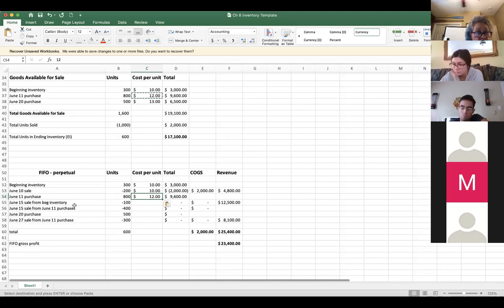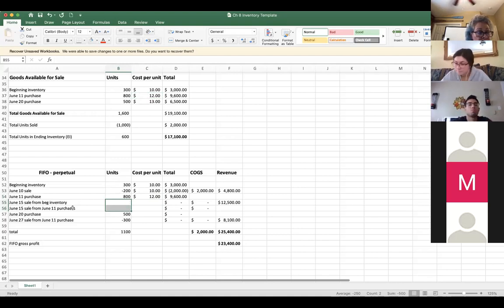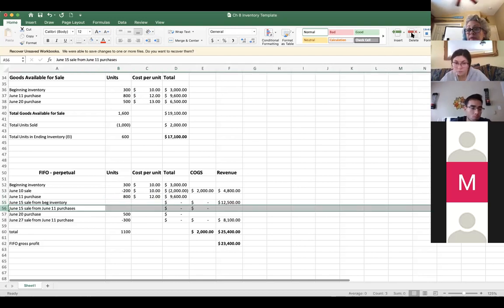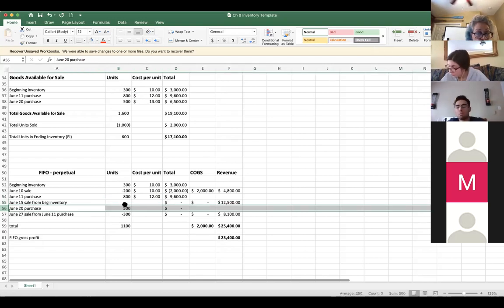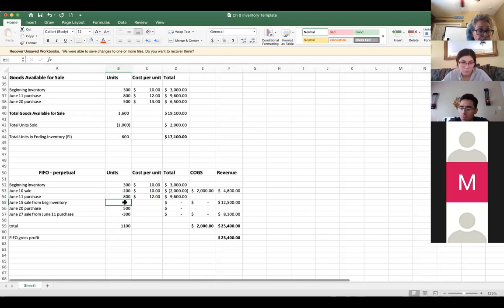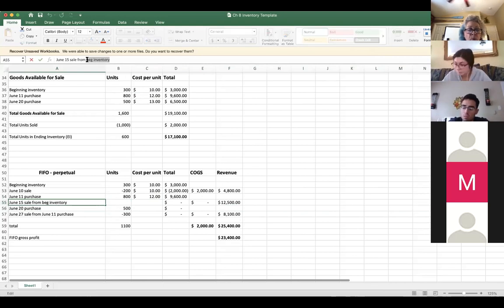And I sold, how many units did I sell on the 15th? How many units did we sell on the 15th? 500. Good. So on June 15th, I sold 500 units, but what layer are they going to come from?